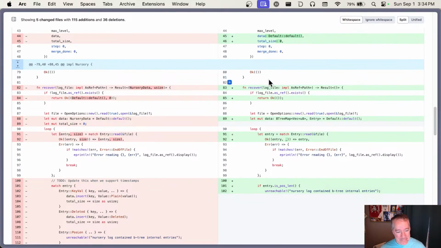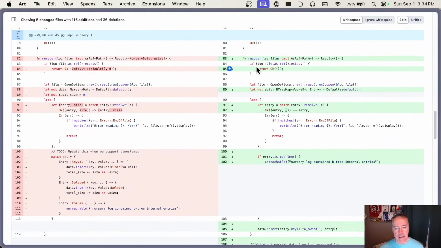Okay, cool. So when we're recovering, we're reading the log file. If the log file does not exist, then we just return OK because we had nothing to do, right?